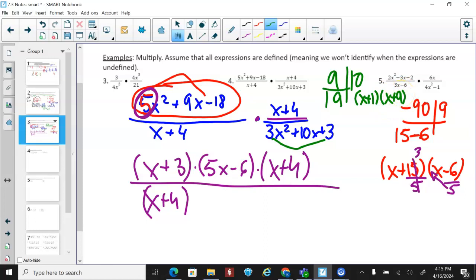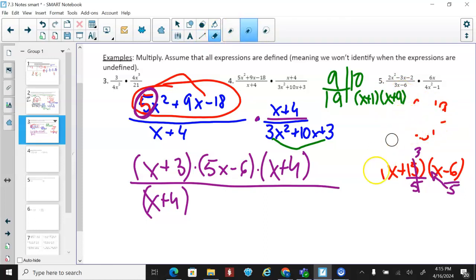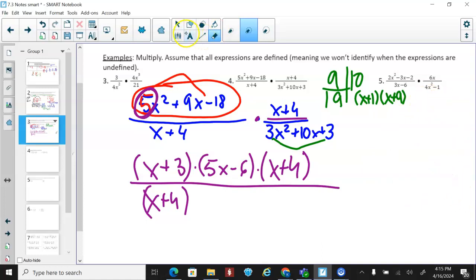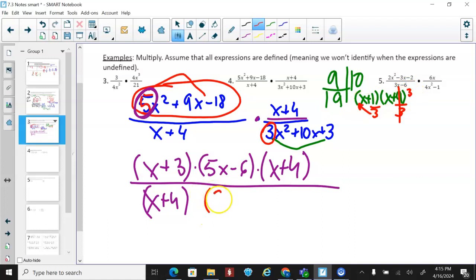And then again, remember, we have a leading coefficient here. Okay, leading coefficient of 3, which means I got to divide both of them by 3, and whatever is not divisible goes up front, in front of the x. So 9 divided by 3 is 3. Okay, and then this, it's not divisible. All right, so here I'm going to have 3x plus 1, and here I'm going to have x plus 3.